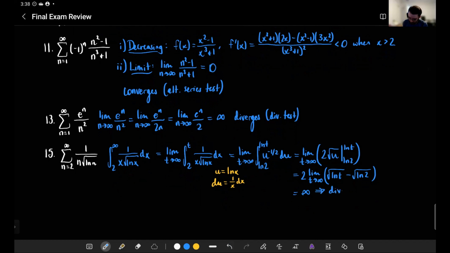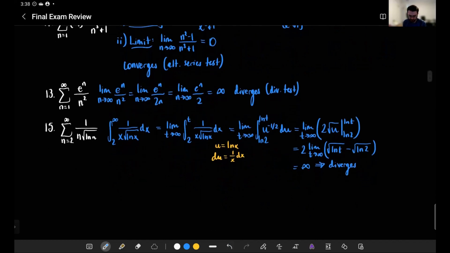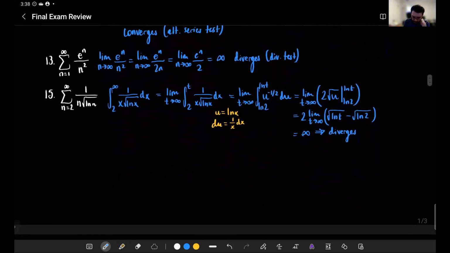So you have to actually test 3 assumptions. Our 3 assumptions are, 1, you have to check that the function is continuous. That one's basically a freebie. I don't think we will ever see a non-continuous function in this class.